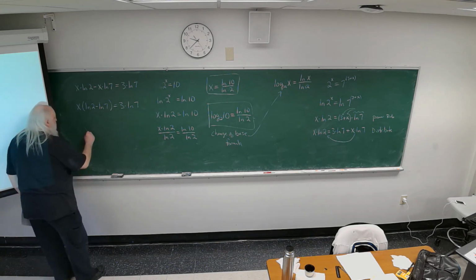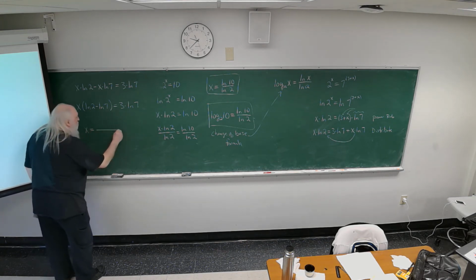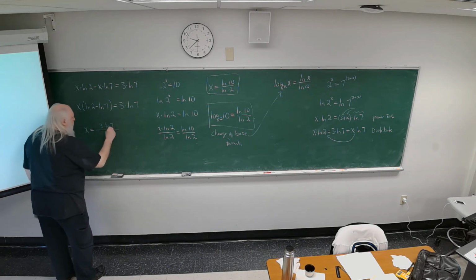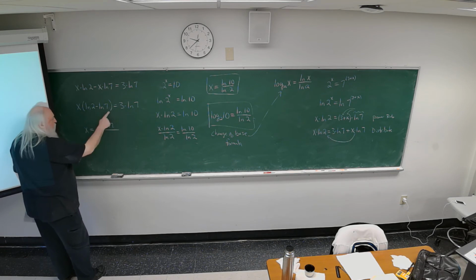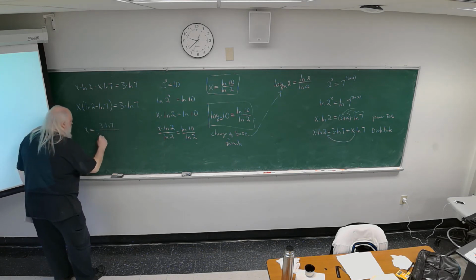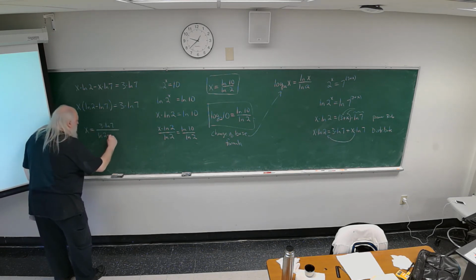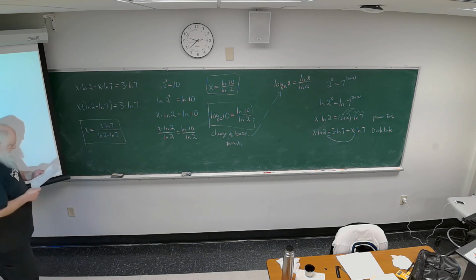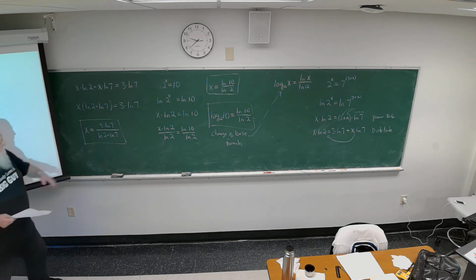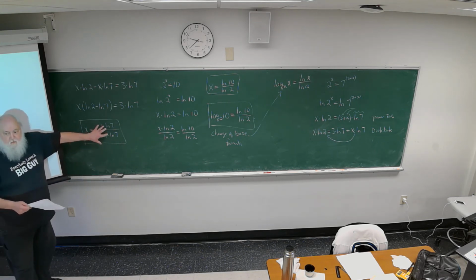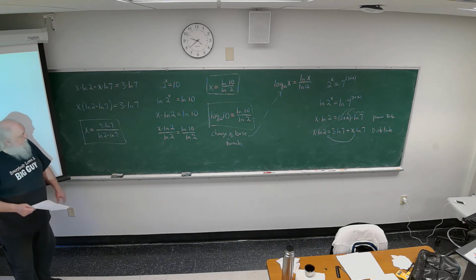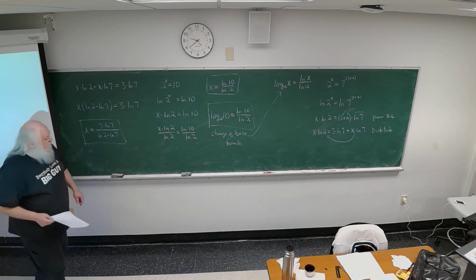And I have x is equal to 3 times the natural log of 7 divided by what's in parentheses here. Natural log of 2 minus the natural log of 7. And again, this on the right-hand side equals a decimal, right? It has a decimal value if you use your calculator.